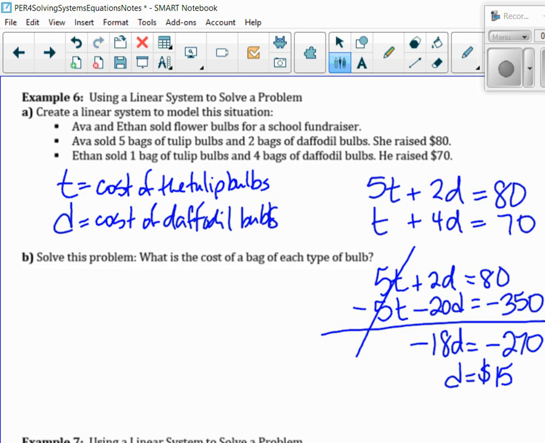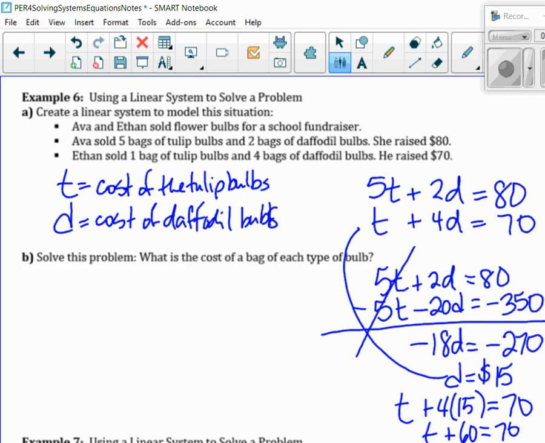And then we're going to sub it into, say, the second one. So I get t plus 4 times 15. That equals 70. 4 times 15 is 60. So t plus 60 equals 70. So t equals $10. Now, what am I supposed to do when it's a word problem?